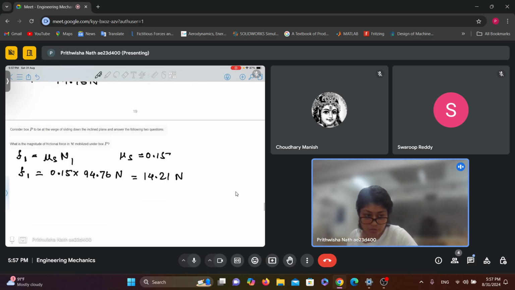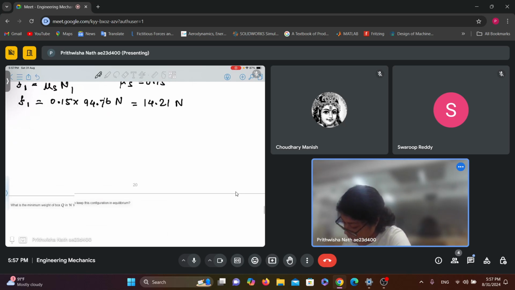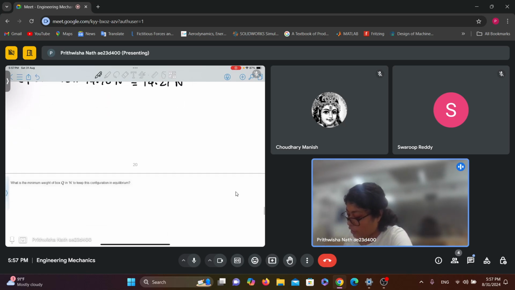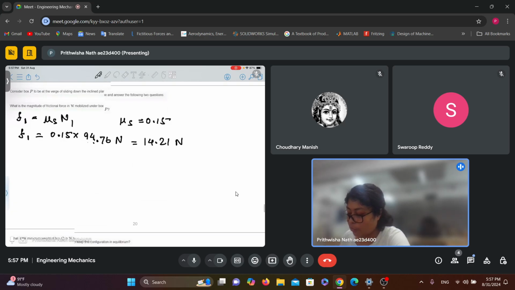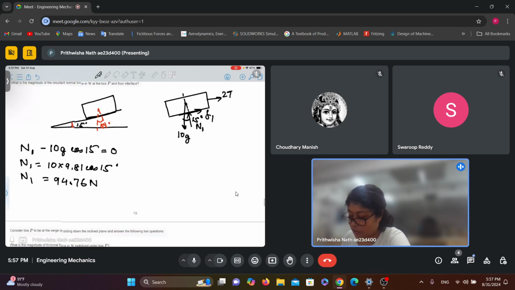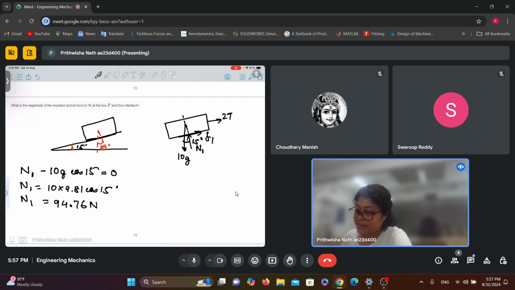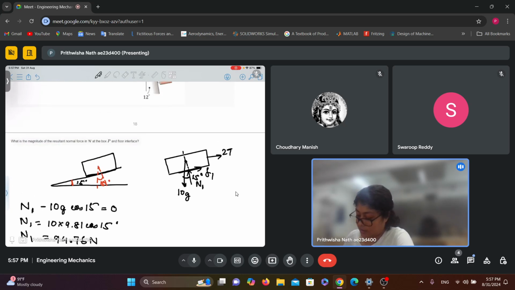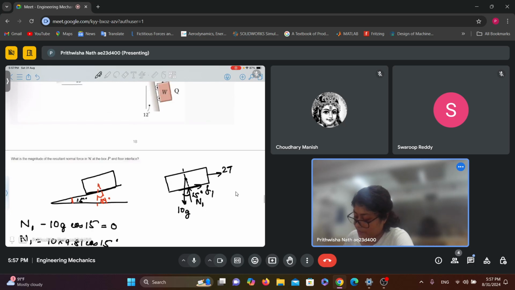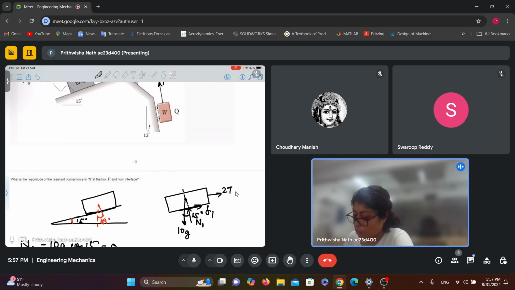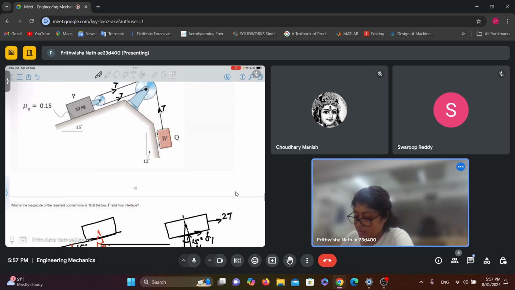Now the next part of the problem. What is the minimum weight of box Q in Newton to keep this configuration in equilibrium? Now we drew the free body diagram for block P. Similarly, we need to draw the free body diagram for block Q, right? Now it is said in the question that T is going down the incline.